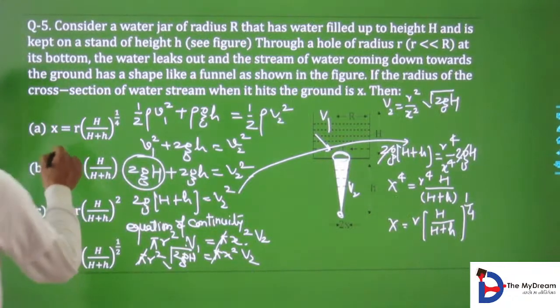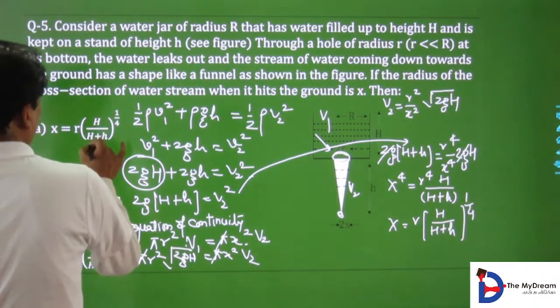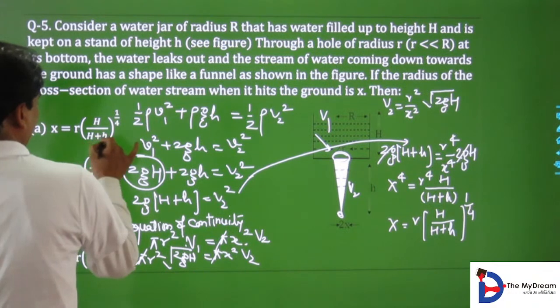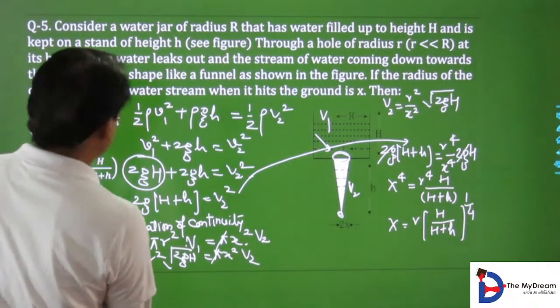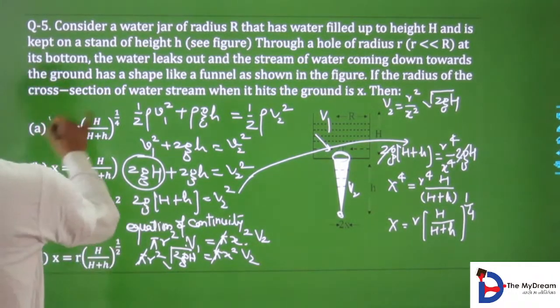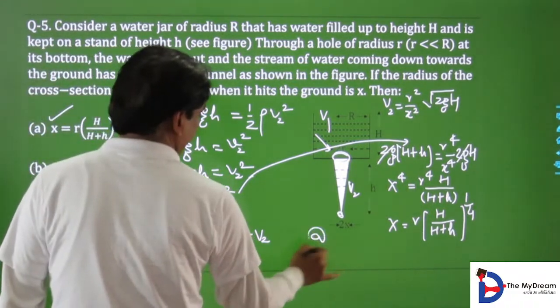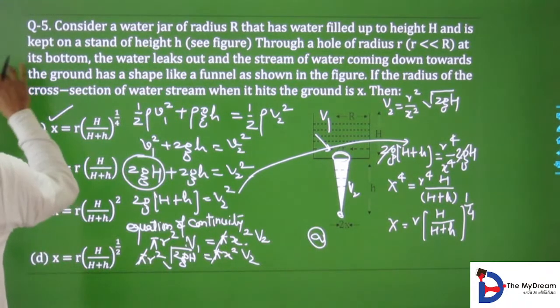So x equals r into the fourth root of h divided by H plus h. This one is correct. A is correct.